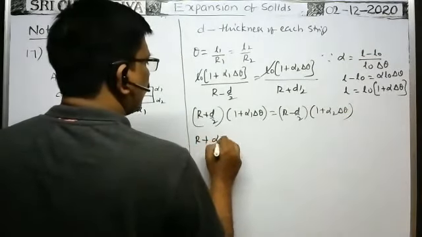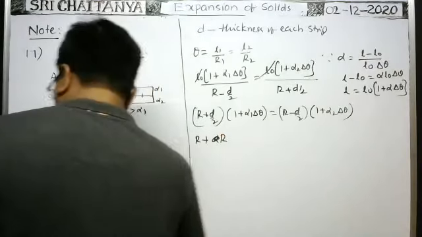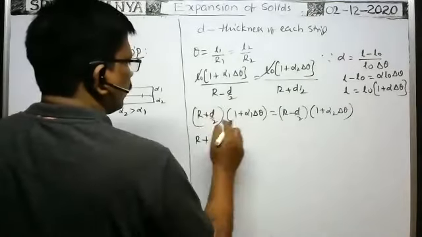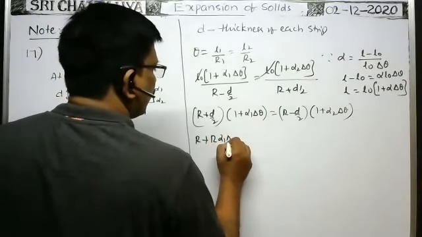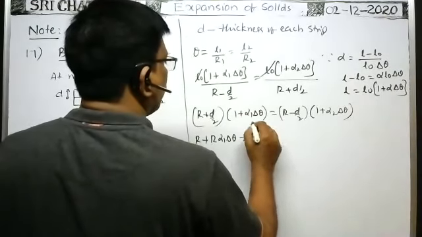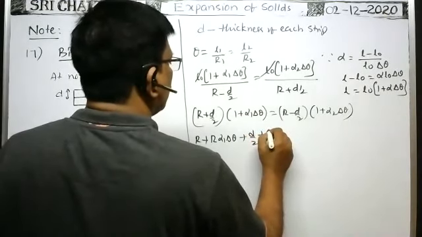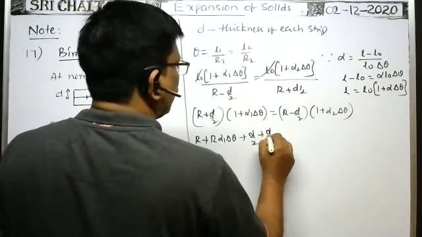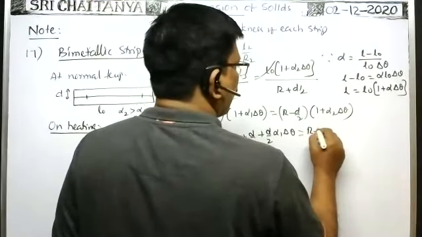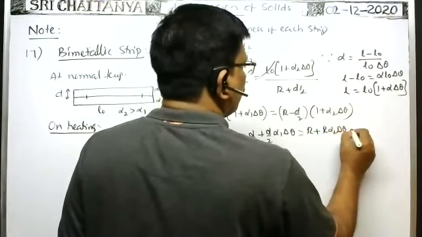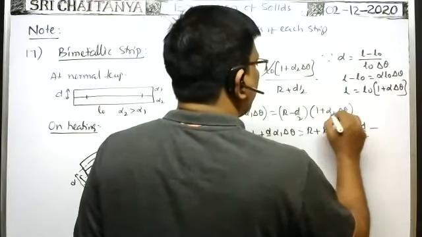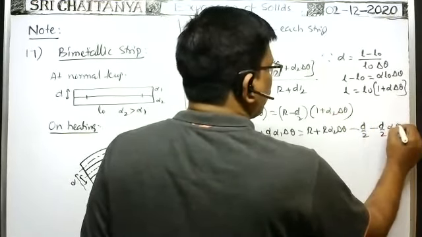First multiply with R: R plus R alpha 1 delta theta, plus d by 2, plus d by 2 alpha 1 delta theta, is equal to R plus R alpha 2 delta theta, minus d by 2, minus d by 2 alpha 2 delta theta.